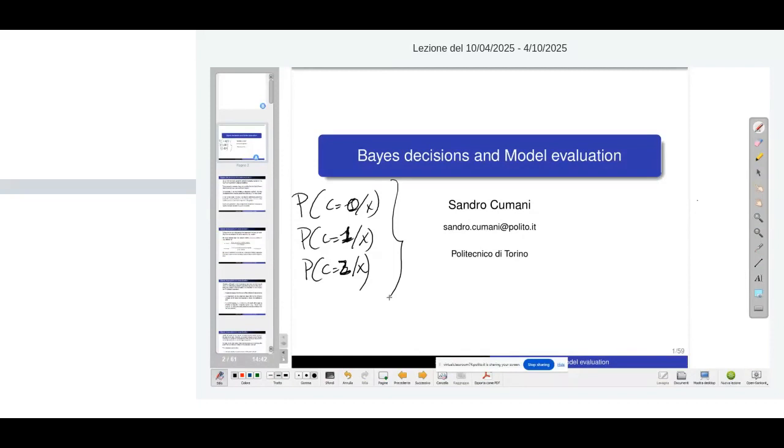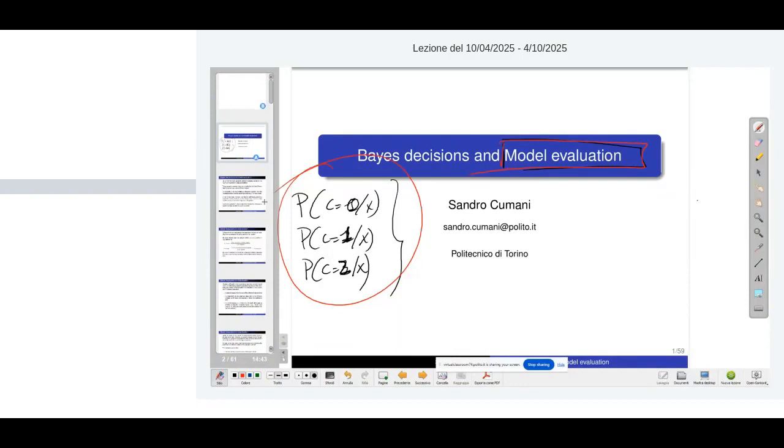Now, today we will go more into detail on how to do proper evaluation of the models. We will see that accuracy, for example, has lots of limitations in what it can represent. So we will need to extend beyond accuracy to find better ways to measure our performance. And then we will see that this is closely related to how we make our decisions.